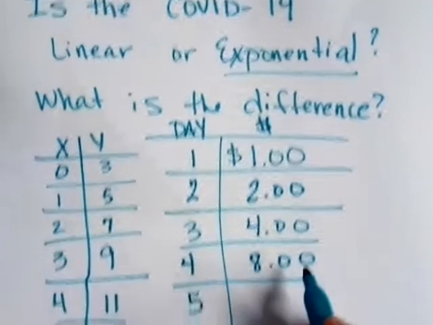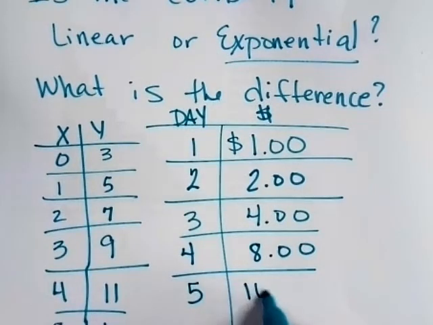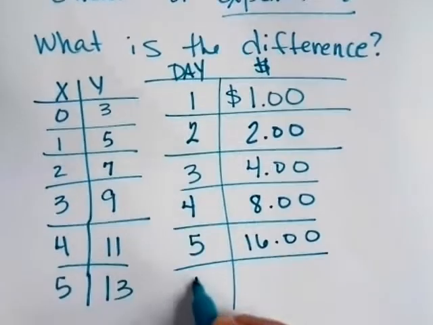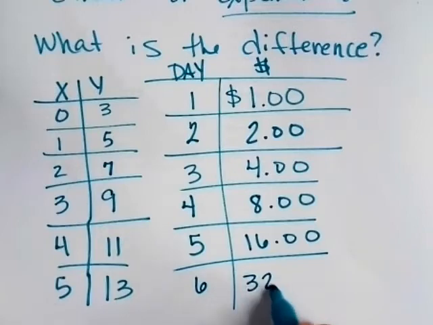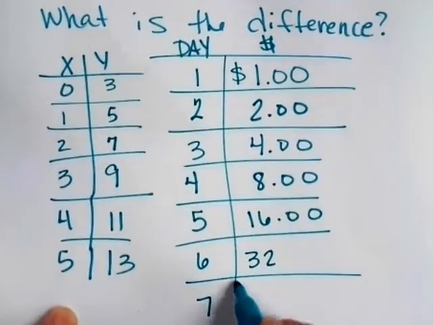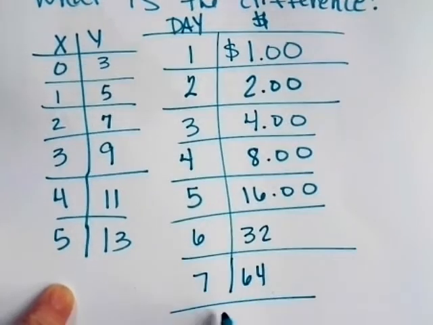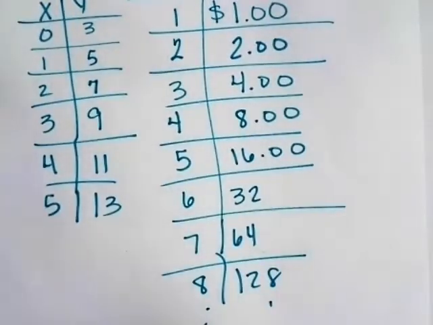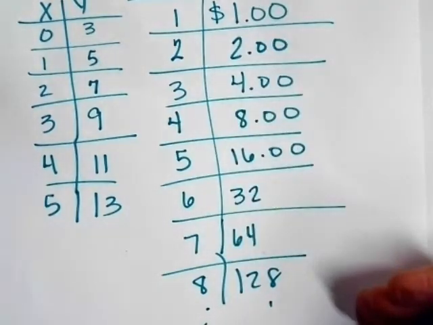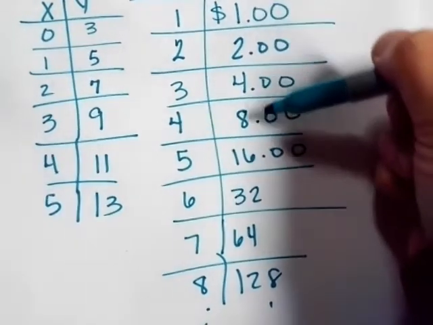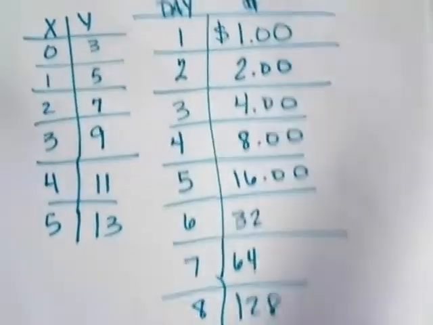On day 5, $16. On day 6, $32. On day 7, $64. On day 8, $128. And then it keeps doing that. It's doubling as we go. As you can see, it's growing at a much faster rate once you get beyond those first few days.